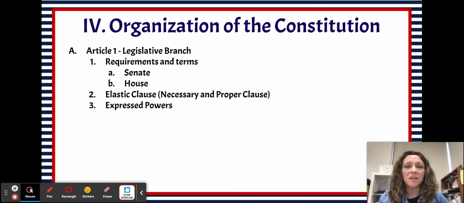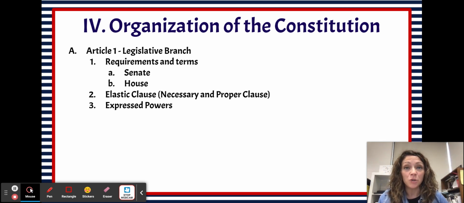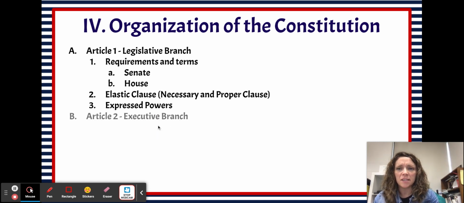So Article 1, Section 8, clauses 1 through 18 lists the specific things that Congress can do. So for example, Congress has the authority to coin money or make money. That's an expressed power of Congress. Okay, Congress has the authority to raise an army and a navy, so to raise a military to defend our country. Okay, those are some things that Congress can do.